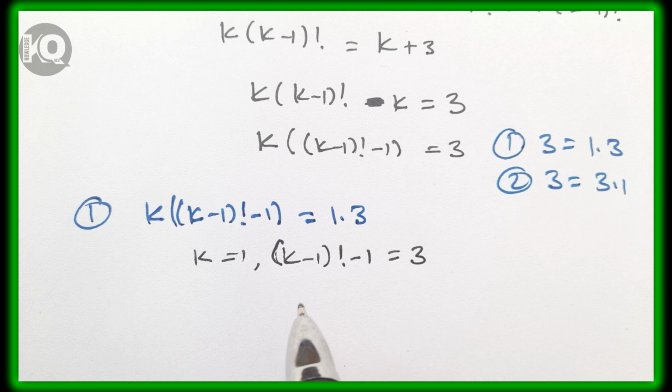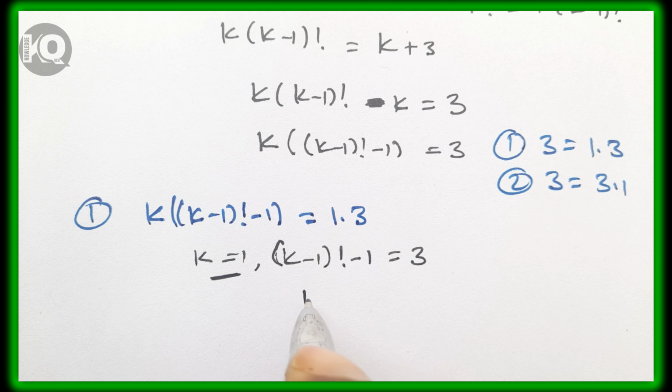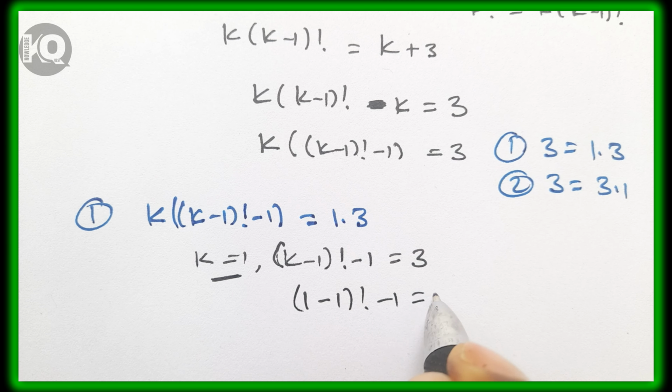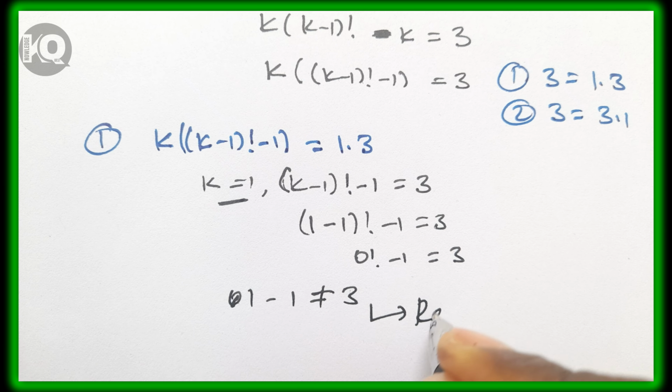Using k equal to 1, this will be 1 minus 1 factorial minus 1, which is equal to 3. So this will be 0 factorial minus 1 equal to 3. 0 factorial is 1, and 1 minus 1 is 0, which is different from 3. So this will be rejected.